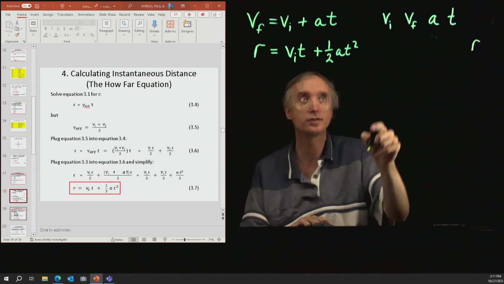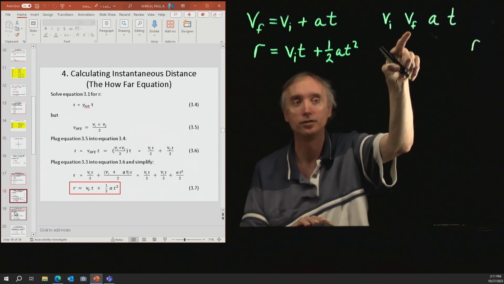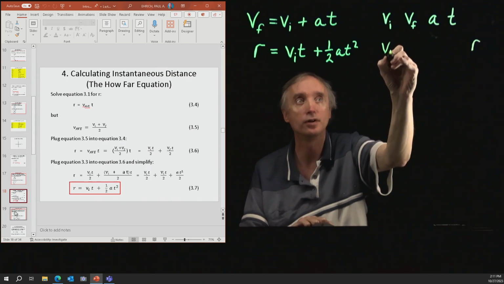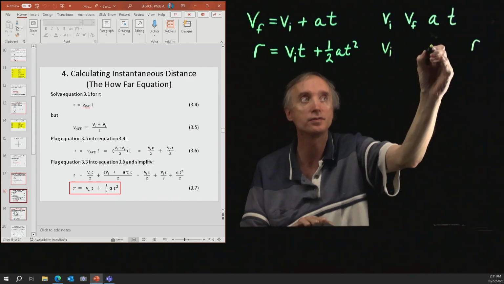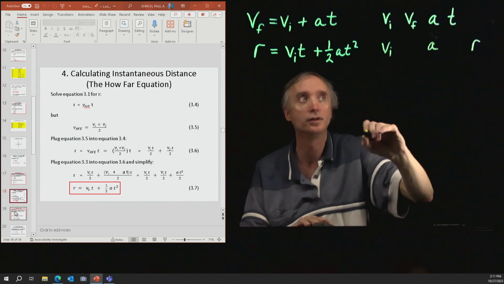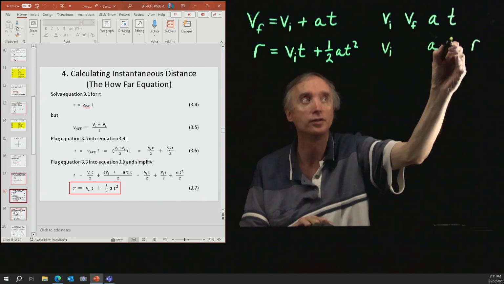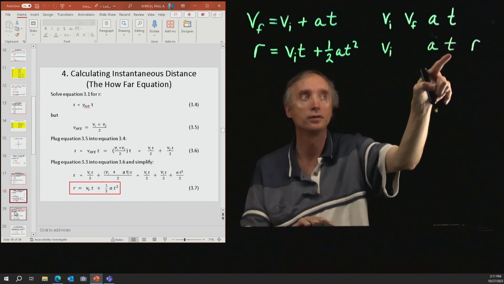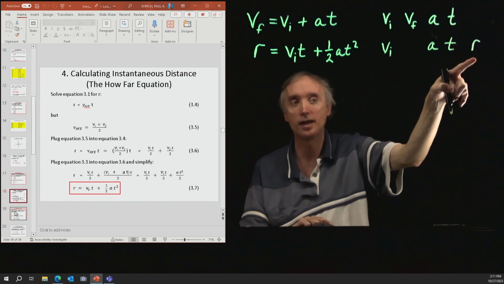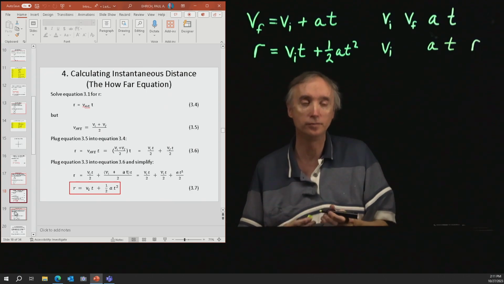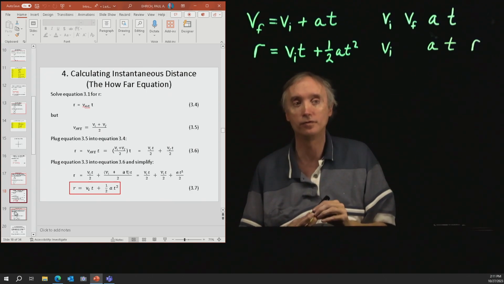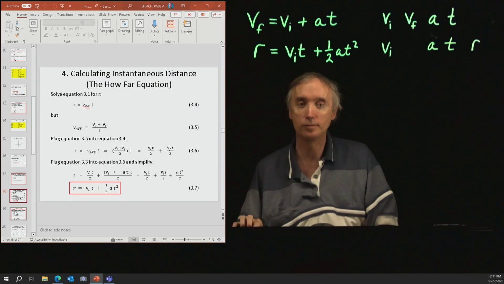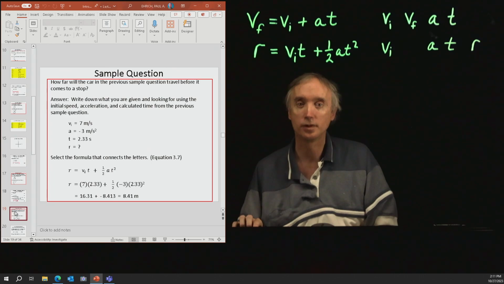But notice it doesn't involve your final velocity, but it does involve your initial velocity, your acceleration, and time. So it involves 4 variables, and again, you've got to know 3 of them before you can solve for the 4th one.